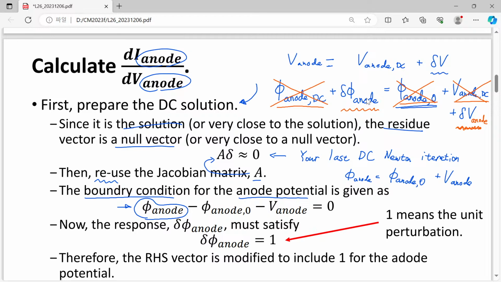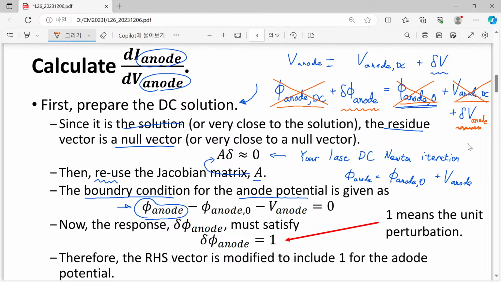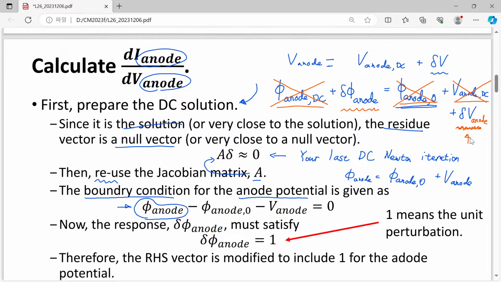However, we have no idea about the amplitude of delta V. Since we have already made an approximation of smallness of our delta V, asking the exact magnitude of this delta V is really meaningless. So we can say that this small quantity is recognized as just 1. But what is actually this unit perturbation?